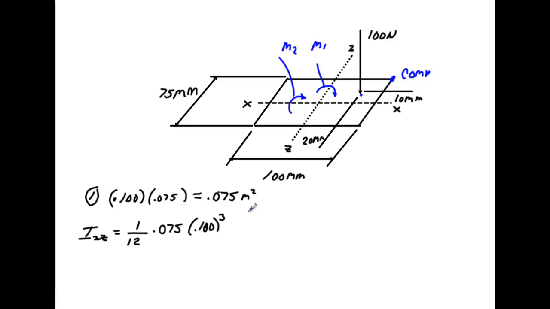I run that, 1 divided by 12 times 0.075 times 0.10 to the third power. That's going to give me a value of 6.25 times 10 to the minus 6, and that's going to be meters to the fourth. Again, sorry about this delay.